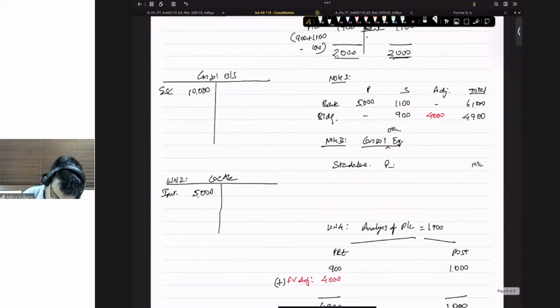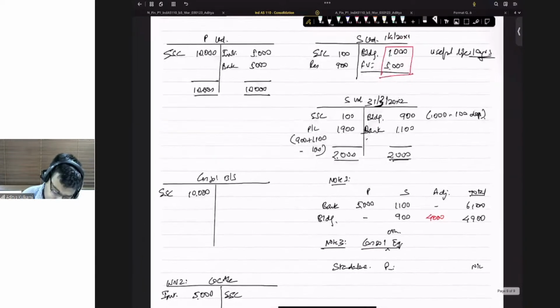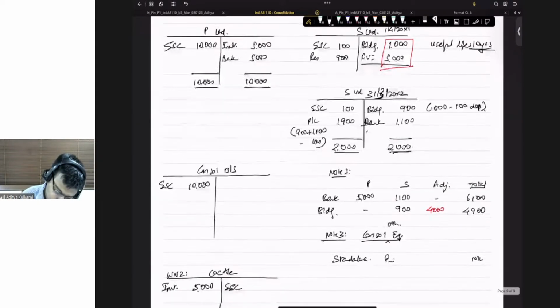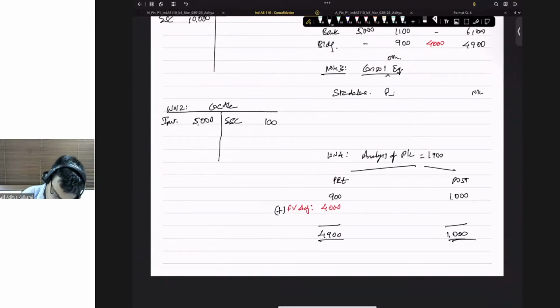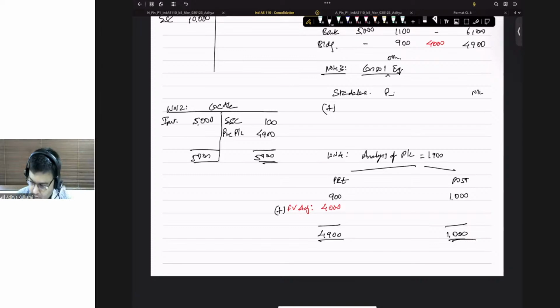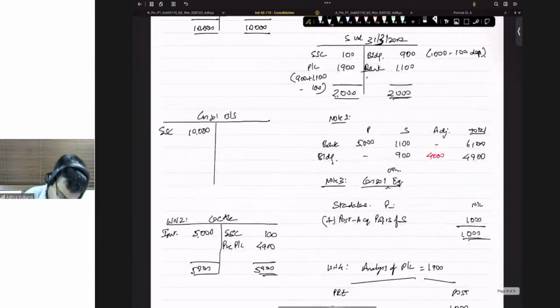If I put my COC account, equity share capital of the subsidiary worth 100, pre-reserves or pre-P&L 4,900, that is 5,000, 5,000, no goodwill. Add post-acquisition profits of S Limited, 1,000.